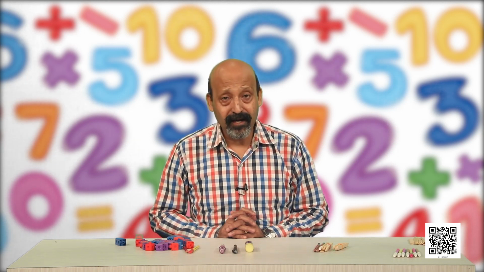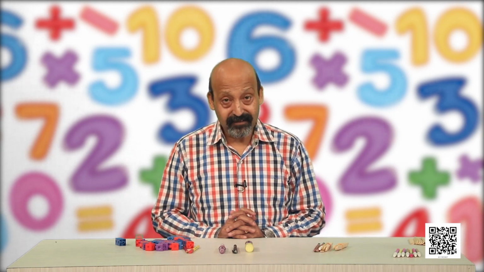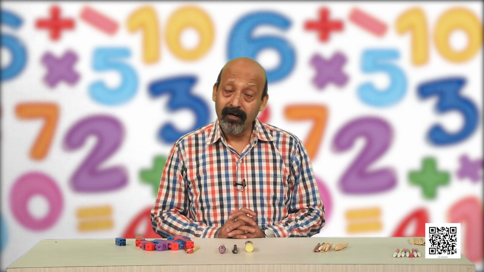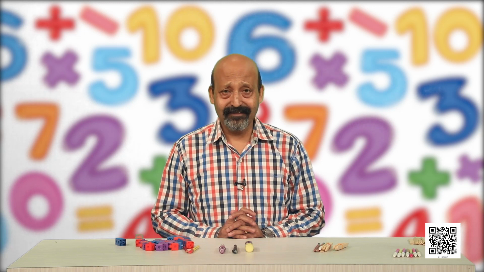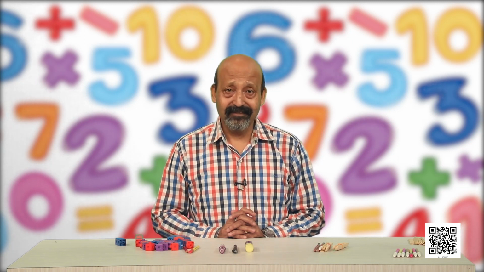So, friends, today you learnt about many words. These words are longer and shorter, longest and shortest, then taller and shorter, tallest and shortest, then thicker and thinner, thickest and thinnest.